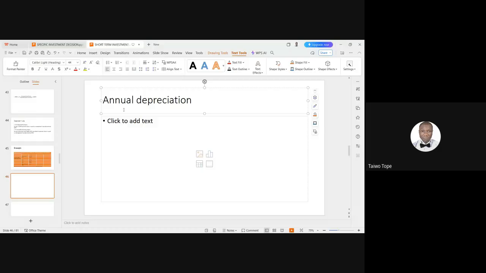Annual depreciation will be equal to your initial outlay, I don't need to write all those stories again, less your scrap value given in the question, which is 2,000, divided by the number of years, which is 4. It's minus, not plus. So when you do this, you have what?